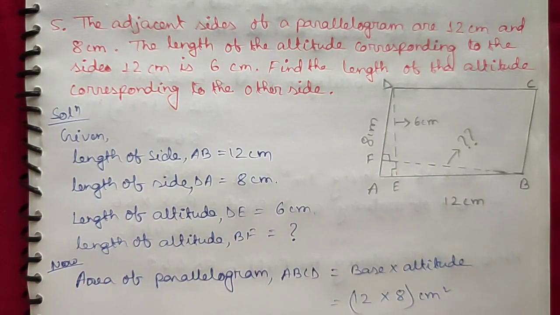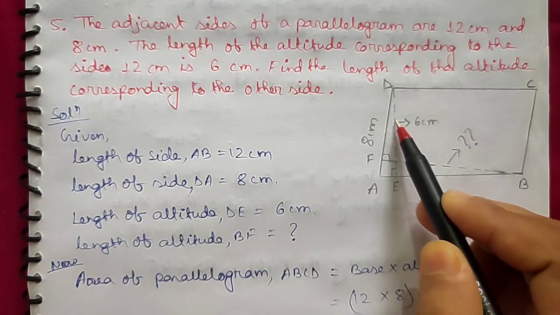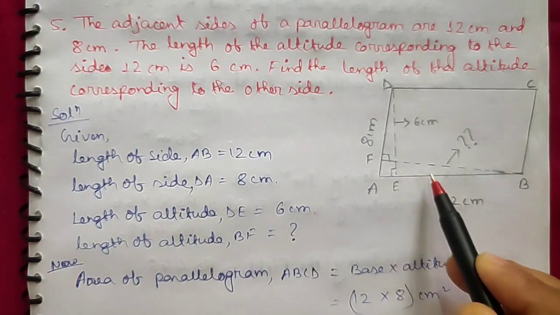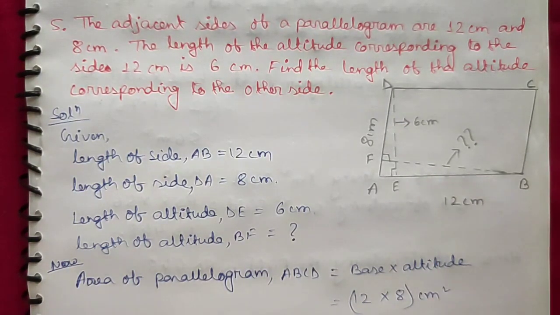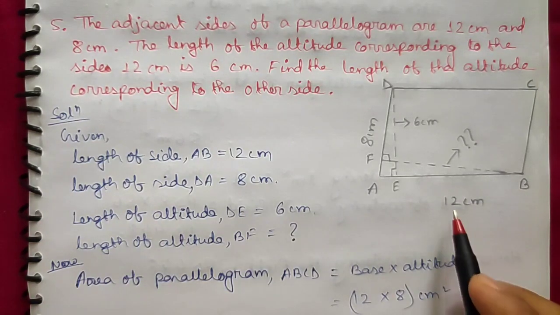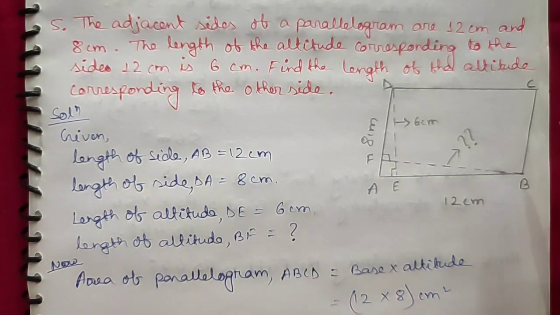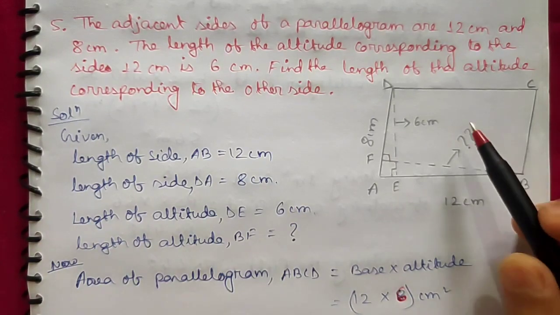Suppose 12 into 6 is 72. So the area of this parallelogram is 72.